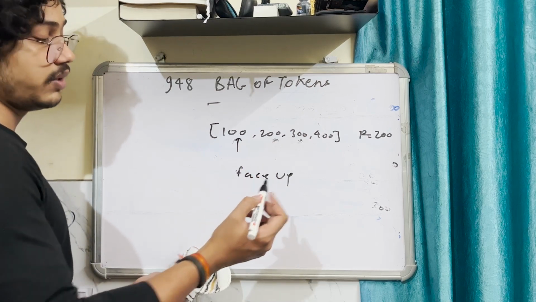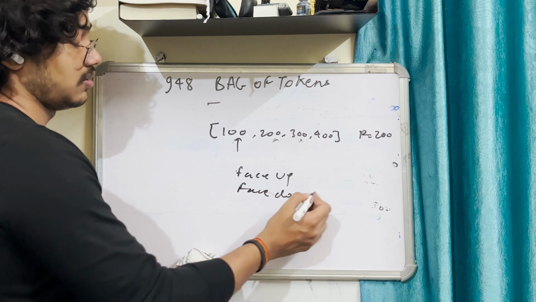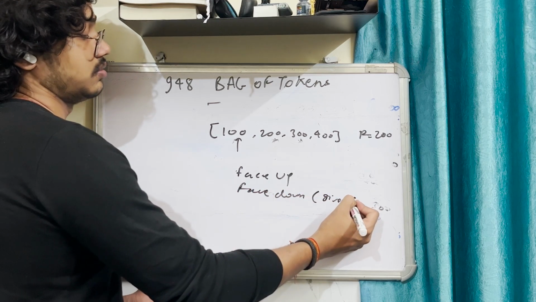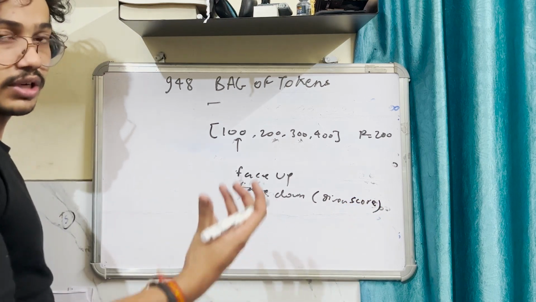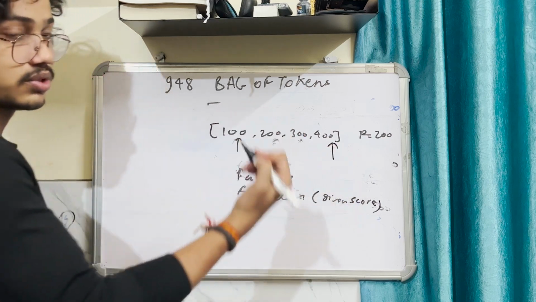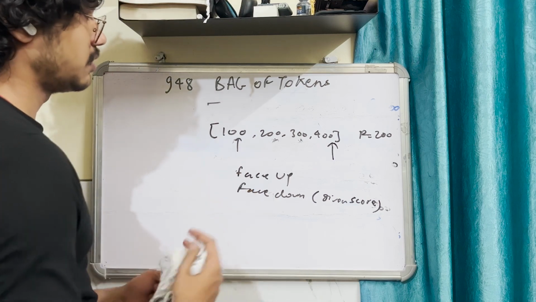And when you are doing face down, or giving your score, you want to get maximum power, so you will take from the right hand side, or the most value.